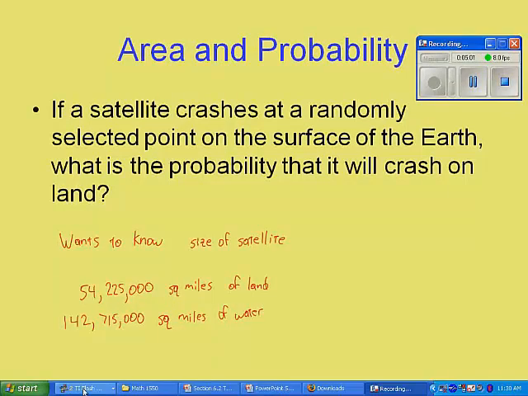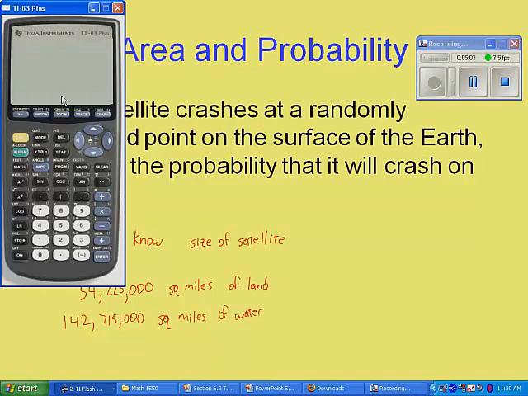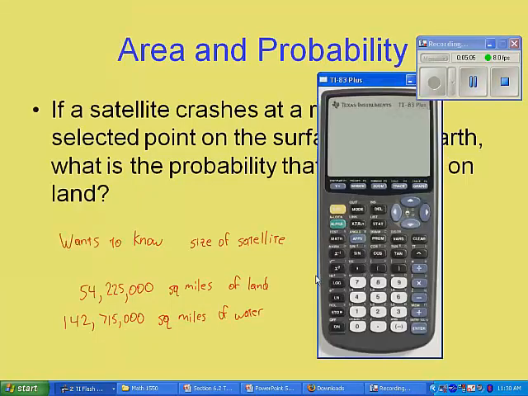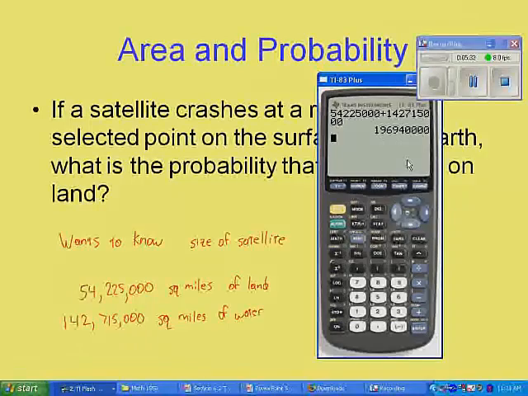So 26,940,000. What is that I just computed?